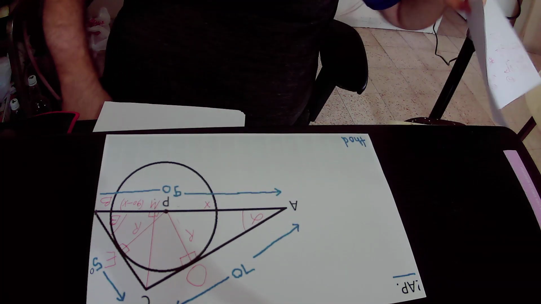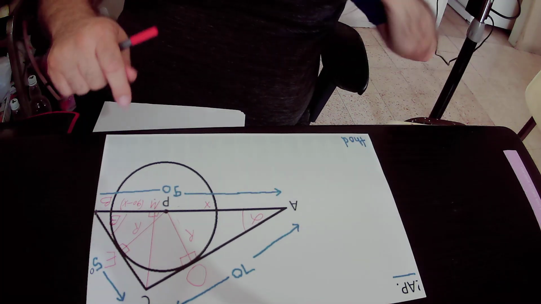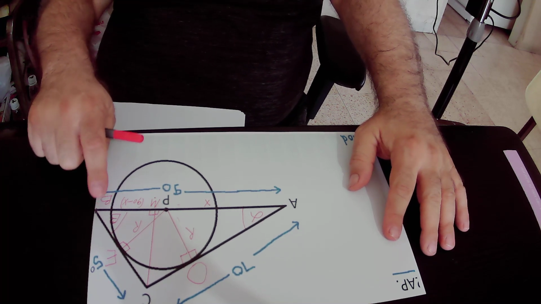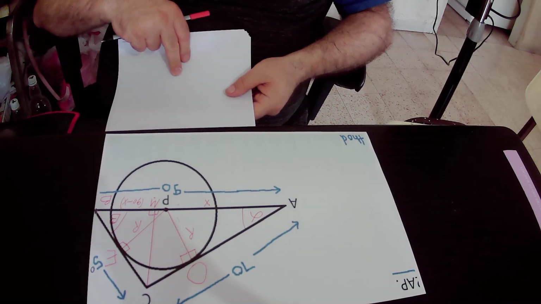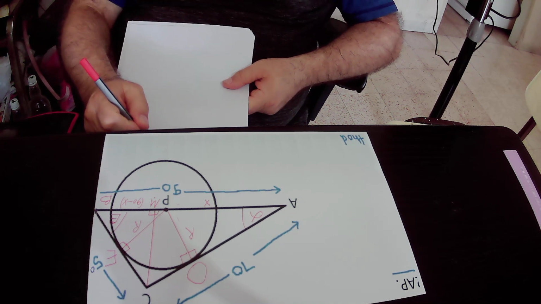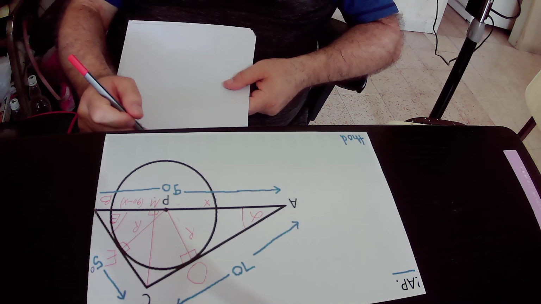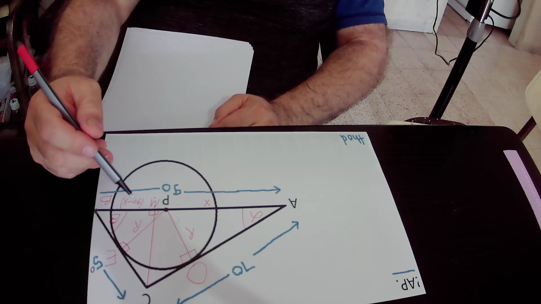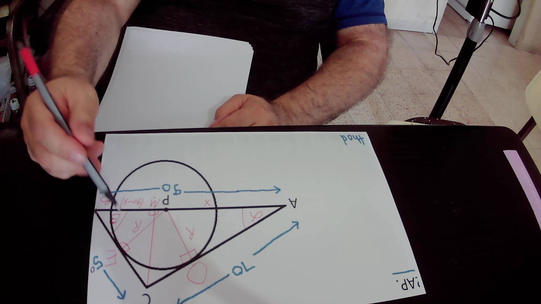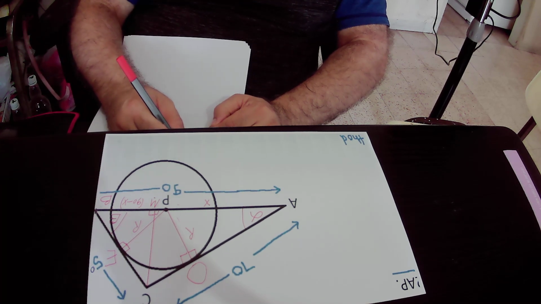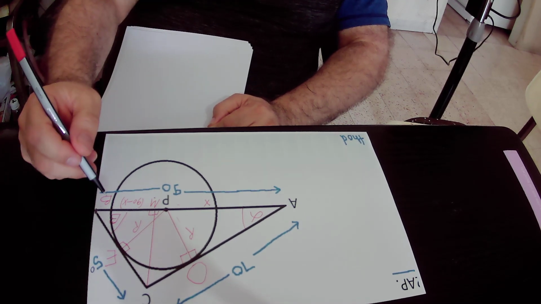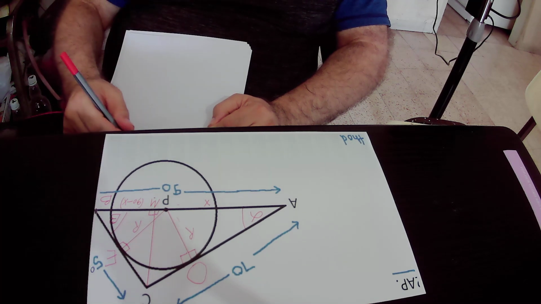Now we will move to beta and we'll focus on sine beta, and also we'll focus on the right triangle PEB, and we will also focus on the right triangle CMB.